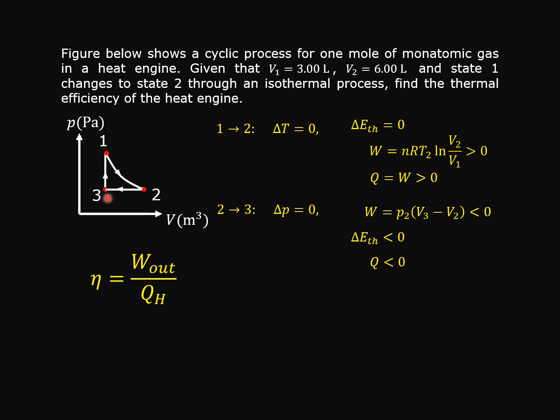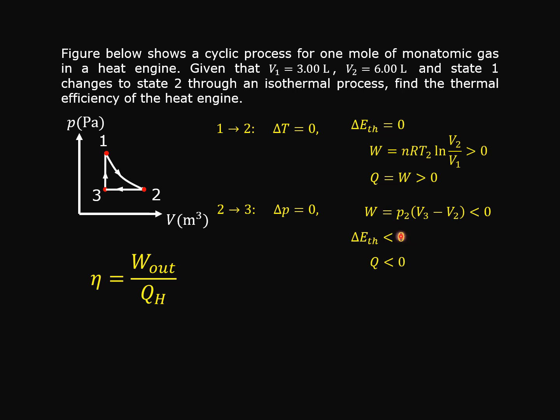And the internal energy change also is a negative value because when the state changes from 2 to 3, the temperature drops. When the temperature drops, it implies that the internal energy also reduces. Therefore, the internal energy change will take a negative value.